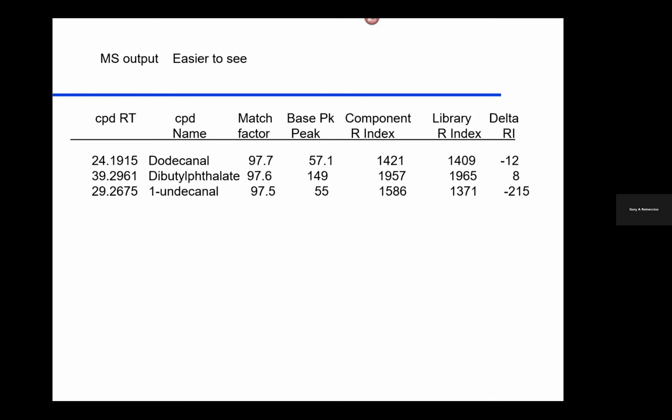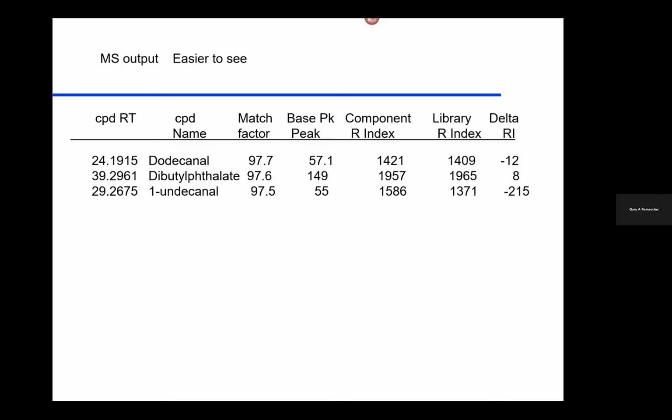You put your sample in there and you get a retention time and, like I say, bits and pieces. The retention time is also important. We try to match by the mass spec, by the pieces it blew into, but we also try to match in terms of retention time. So what we find up here is match factor and base peak.